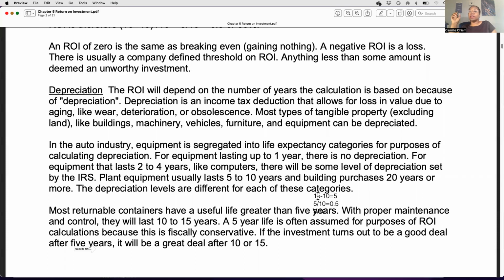And then you can get things even like a building. So buildings, even though this building can be in use for longer than 20 years, from an IRS standpoint, they will depreciate that building value over 20 years. So you go at year one, it's worth this amount, and then over time the value will come down.